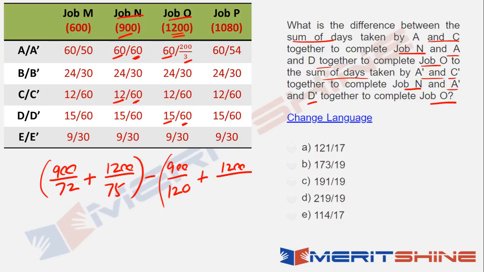1200 divided by 200 by 3 plus 60. So this is the complete thing. If I have to reduce it further, we can just write it as 3600 by 380.